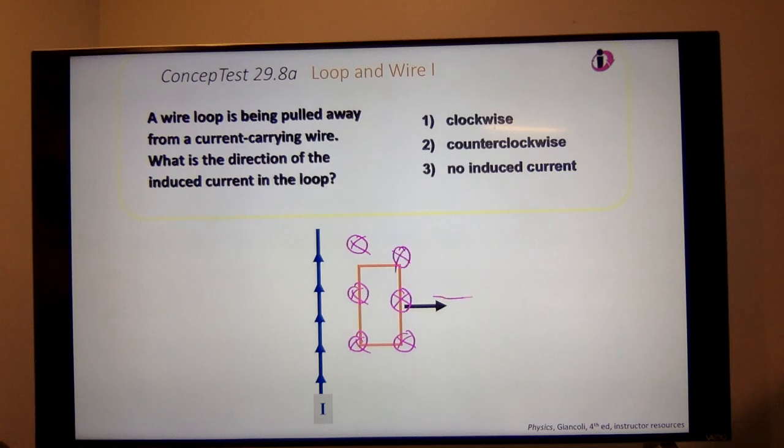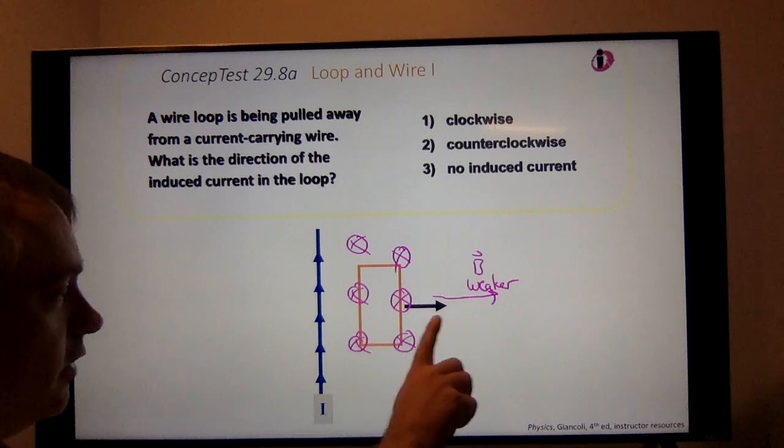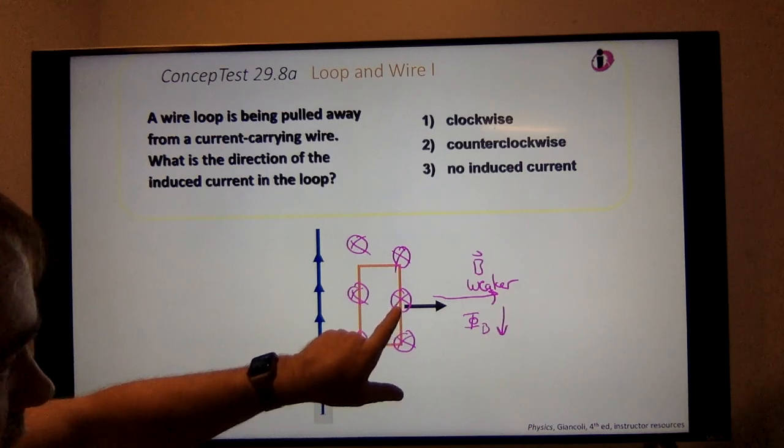But then as we go this direction, the magnetic field is weaker because I'm getting farther away from the wire. So as I go this direction, B is weaker. So we could say that the magnetic flux is decreasing. And we have magnetic flux into the screen that's decreasing.